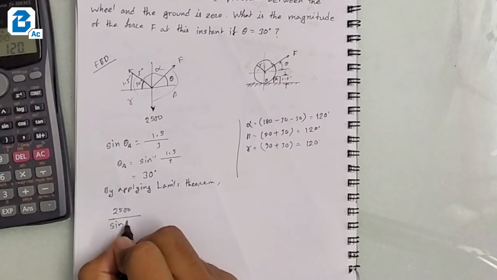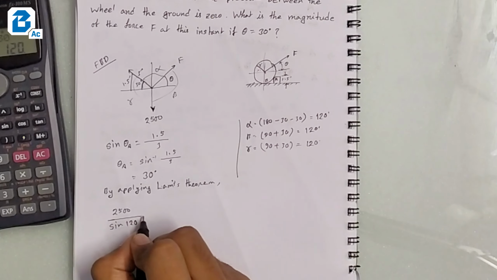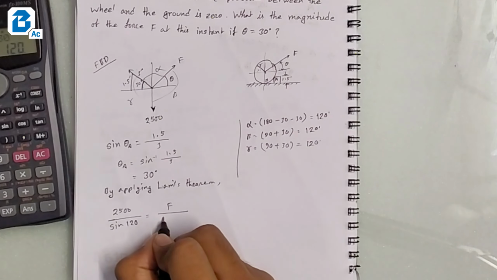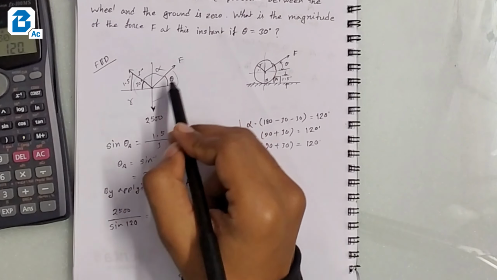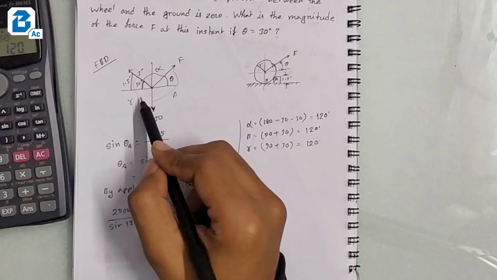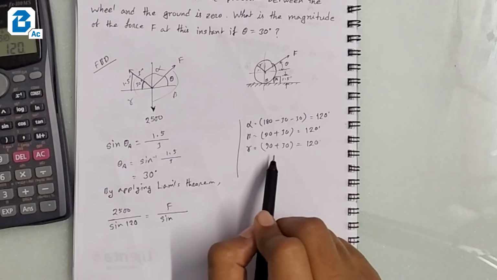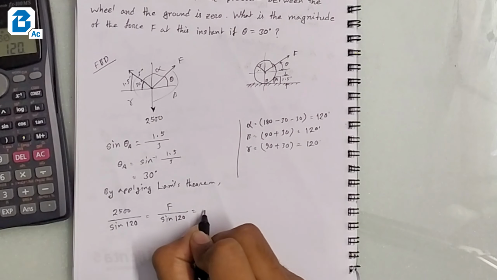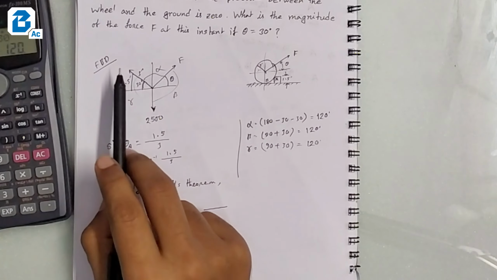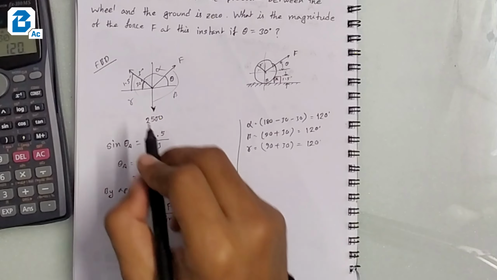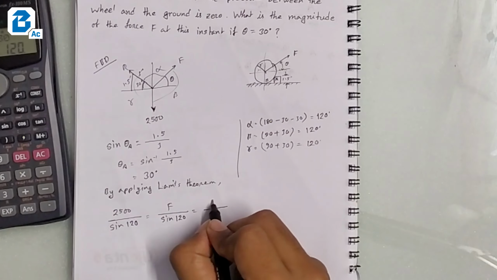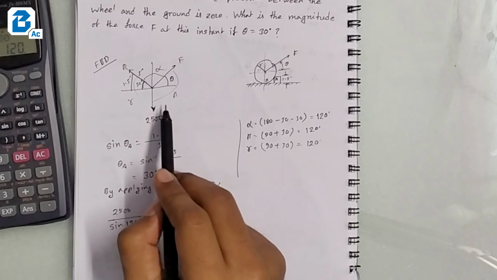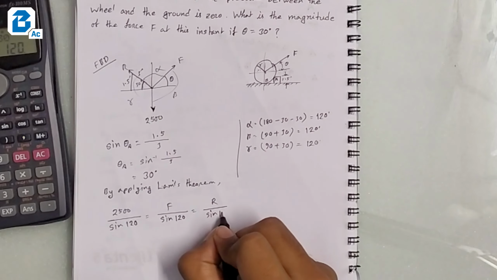So let's write it down as this: 2500 over sine 120 equals F divided by sine, which will be gamma, and we have found it as 120, so we will write it as sine 120, and then this normal force we can write as R, and the angle between the other two forces, beta, equals sine 120 degree.